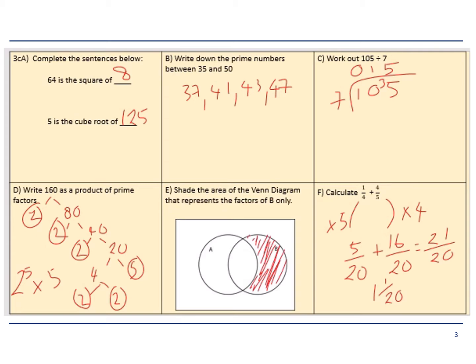C, as you can see, we have used the bus stop method, the most popular method when doing division for most people. D, we have our factor tree to help us find our product of prime factors. And in the bottom left corner here, we have the index form 2 to the power of 5 times 5. 2 to the power of 5 meaning there's 5 2's in this factor tree.